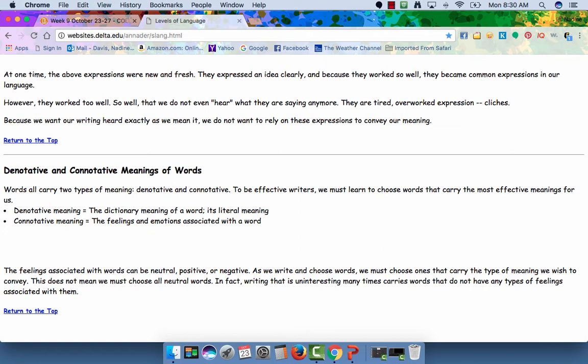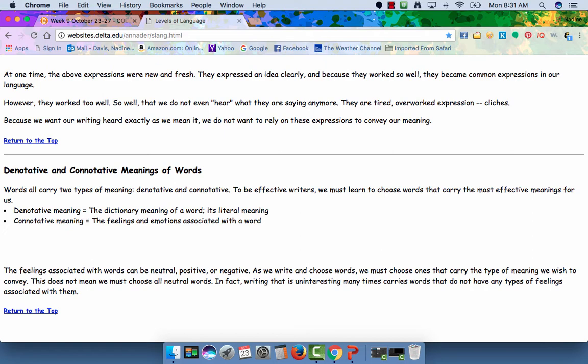The denotative meaning means someone of the Islamic faith. But the connotative meaning has all sorts of things in our society now. To some people, Muslim means terrorists. To others, it means peaceful people that I know as friends. And so we have these feelings and emotion associated with the word.